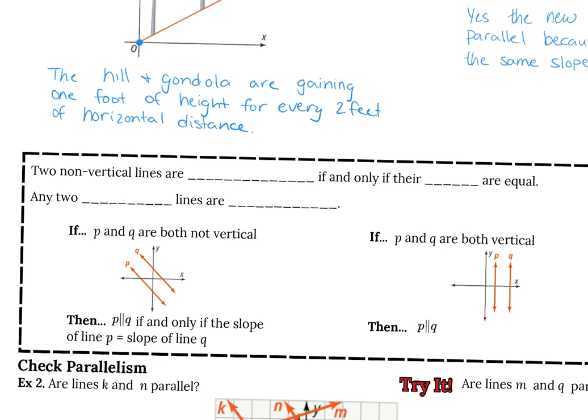Two non-vertical lines are parallel if and only if their slopes are equal. Again, this is from algebra.